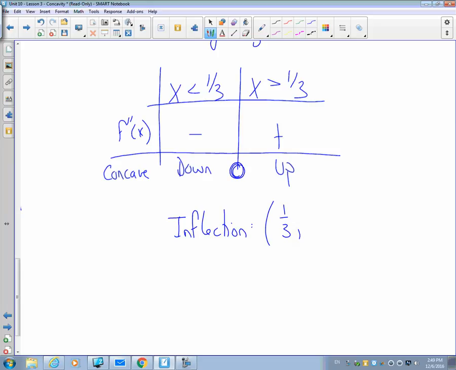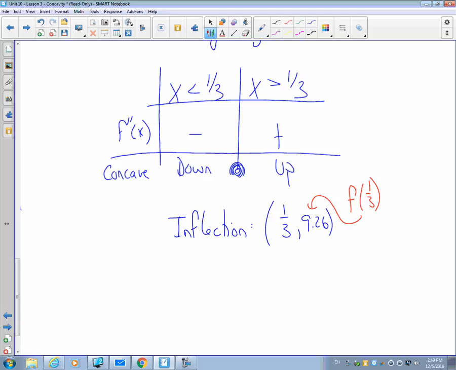That's my point of inflection. It was going down, then went up. Down and up. If I want to figure out what the actual value is, I have to go back to my original function and plug in f at 1/3. Back to the very beginning, right? That's where we get this number. If you do it properly, I got 9.26. So just check yours to see if you get the same thing.